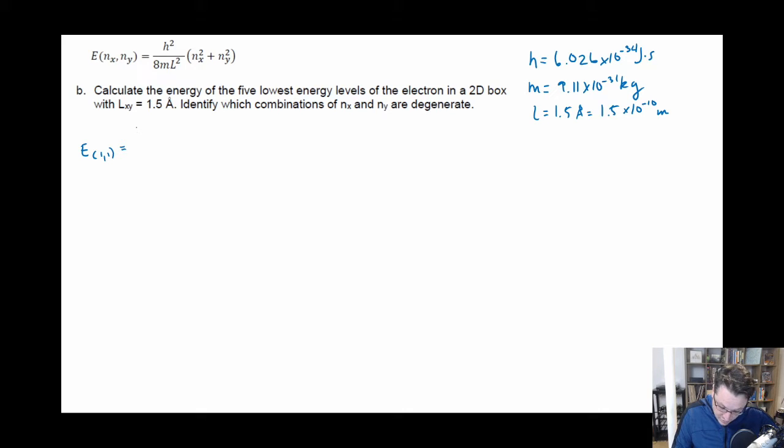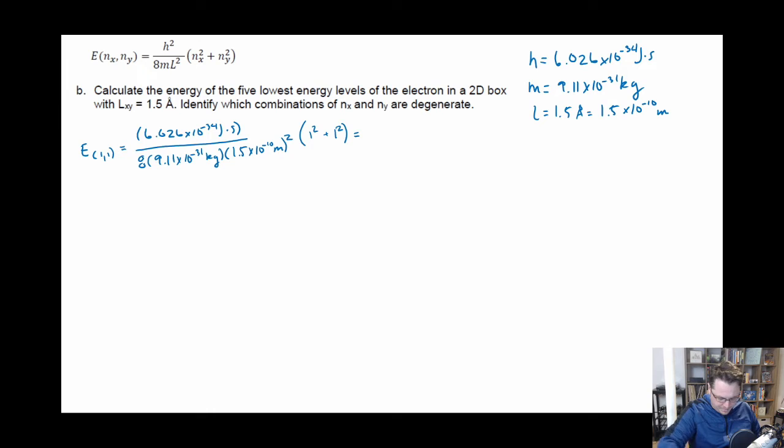So we have h, which is 6.026 times 10 to the negative 34 joule seconds, over 8 times 9.11 times 10 to the negative 31 kilograms times L, which is 1.5 times 10 to the negative 10 meters squared, times Nx, which is 1 in this case, so 1 squared, plus Ny equal to 1, so 1 squared.